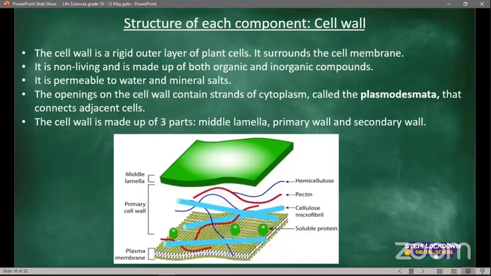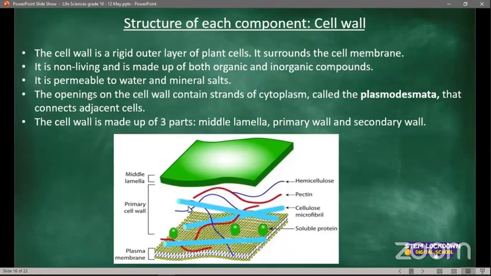Now, the openings on the cell wall contain strands of cytoplasm called the plasmodesmata. This should be in bold black. The plasmodesmata connect adjacent cells. Now, the cell wall is made up of three parts: the middle lamella, the primary wall, and the secondary wall.